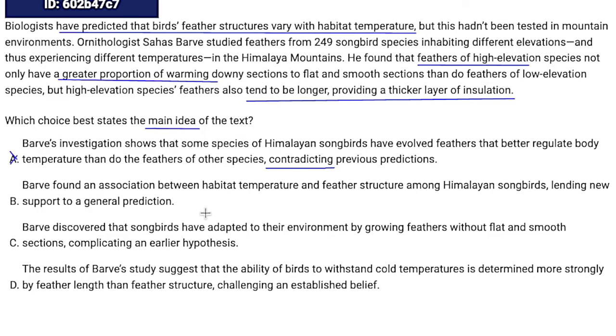B: found an association between habitat temperature and feather structure, among them lending new support to a general prediction. There was definitely an association, and the general prediction was that they vary with temperature, so that seems to line up. To be safe, we would want to go ahead and eliminate C and D as well, but after we did that, we would come to the conclusion that B is correct, and we would be right.